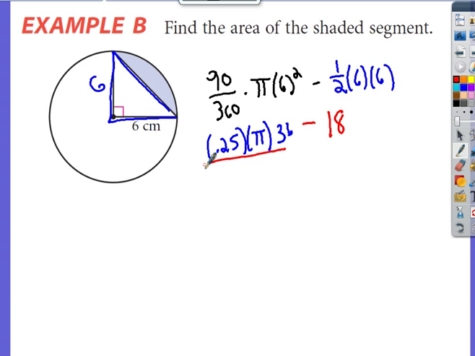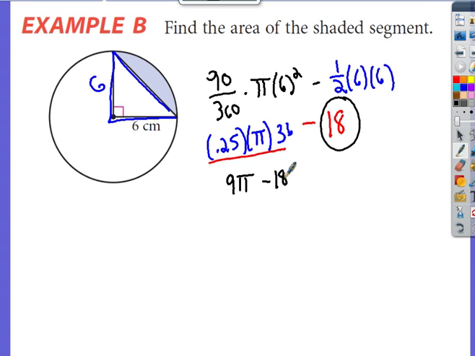So we come back to this part and we do 36 times 0.25. In this case, since this second number right here doesn't have a pi with it, we do need to get our approximate. We do need to get a number without pi in it. So 36 times 0.25 is 9 pi minus 18.